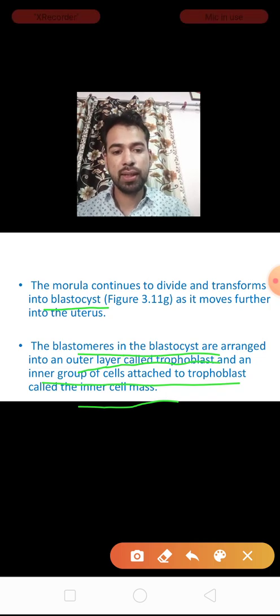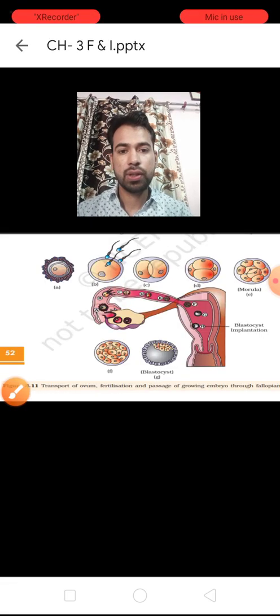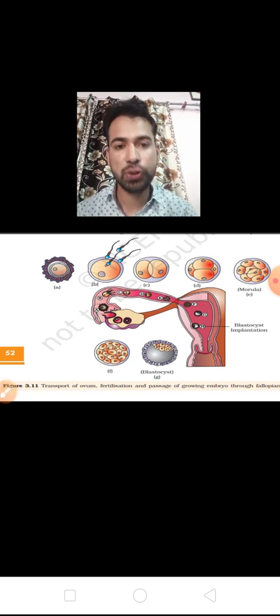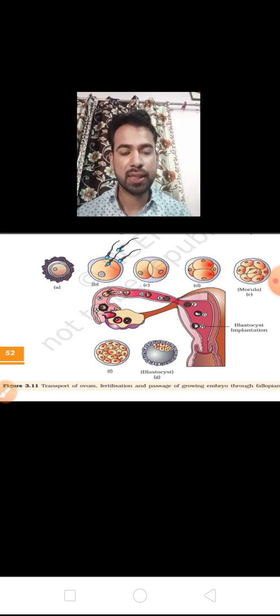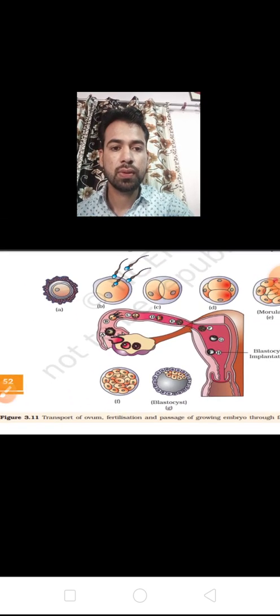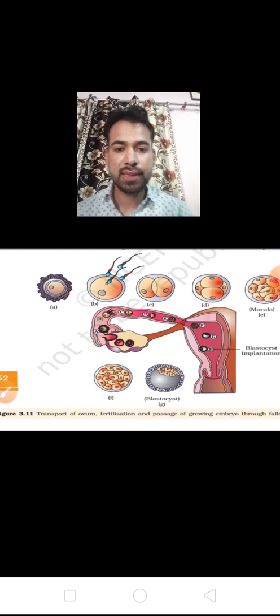Remember two things in the blastocyst. First, the trophoblast, and second, the inner cell mass, that is the group of cells. Okay, see in the picture now.